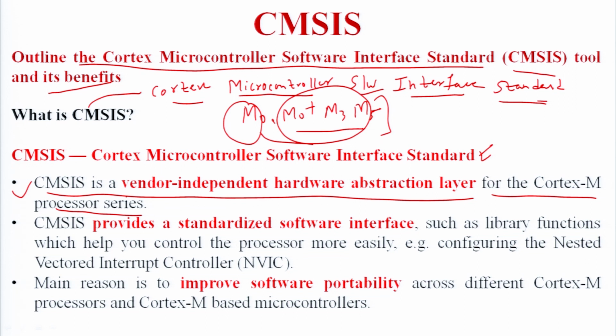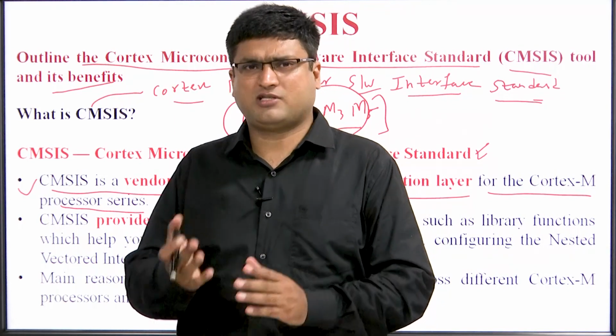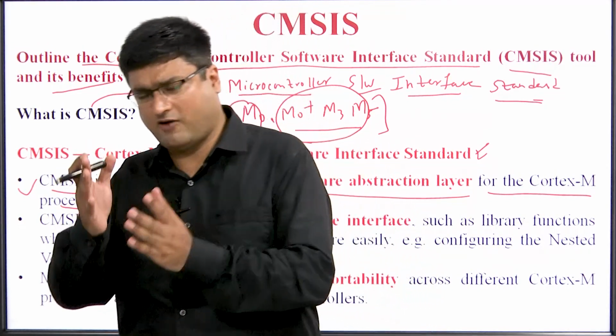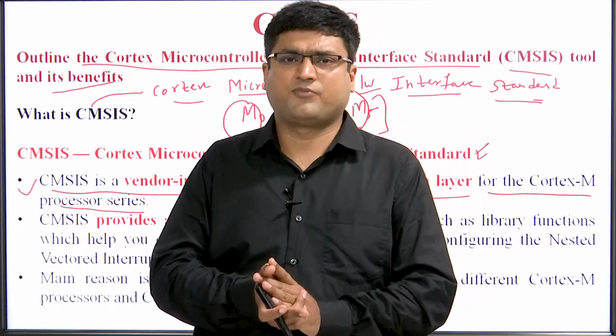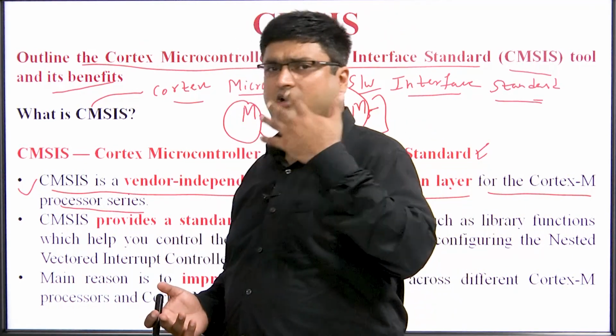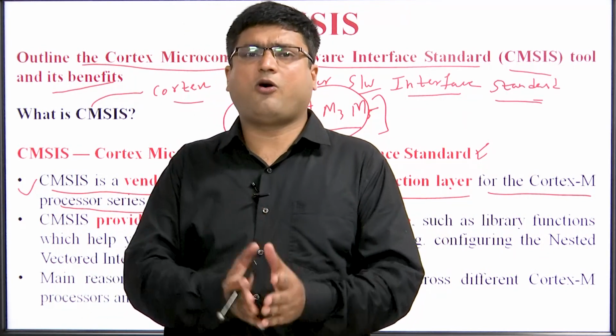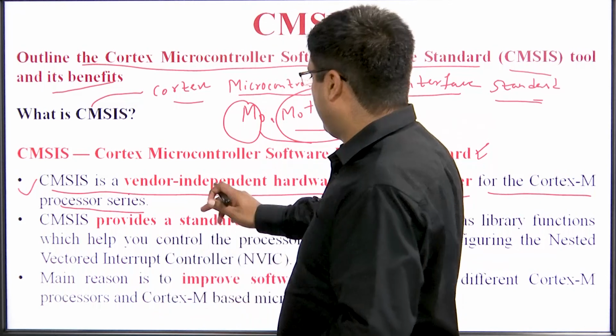For example, Windows 7 and Windows 10 on our laptops, fabricated by Intel or HP etc., will not be compatible with Apple laptops, because Apple is comfortable with the Macintosh operating system. CMSIS is vendor independent, meaning whatever the vendors, like HP or Apple, it will run on all the systems.